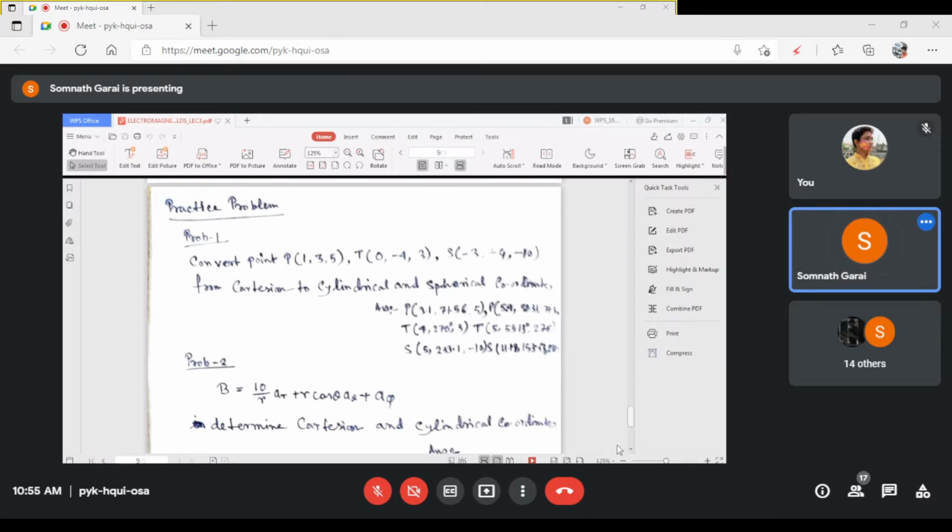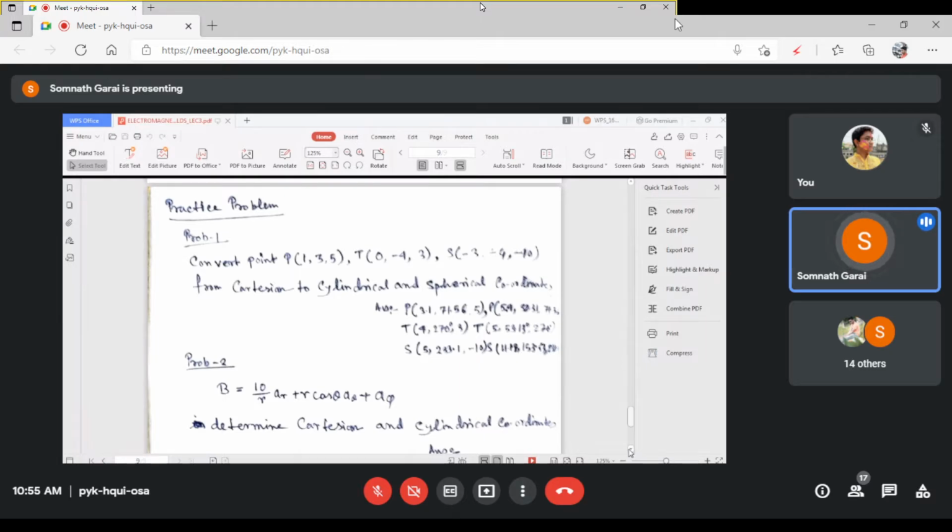First you do this. What is the coordinate of S? Coordinate of S is (-3, -4, -10). I repeat again. Coordinate of P is (1, 3, 5). Coordinate of Q is (0, -4, 3).